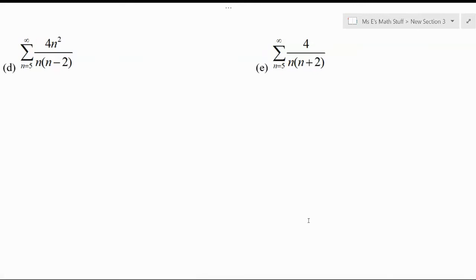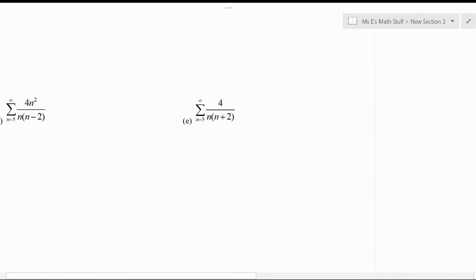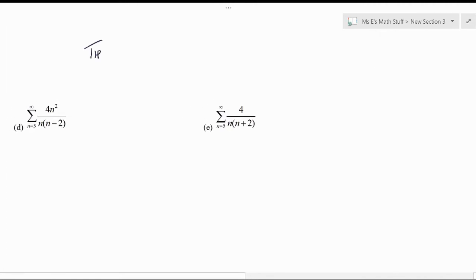All right, my friends, if you were not sure what to do with D or E, super understandable. So here's one tip that I want to give you, and I think it will help you as we go through the whole chapter.